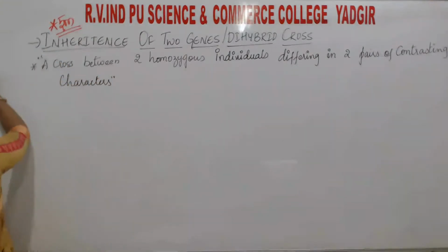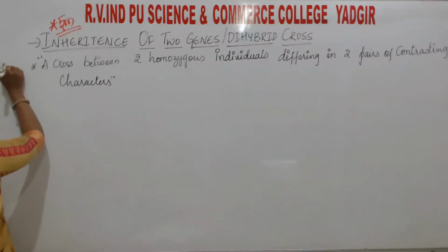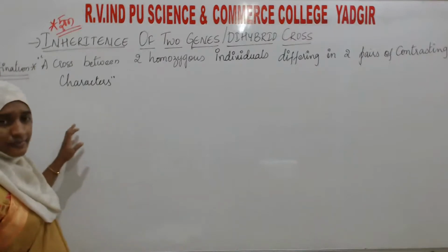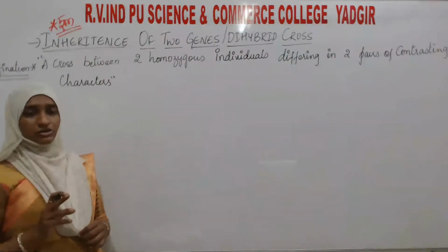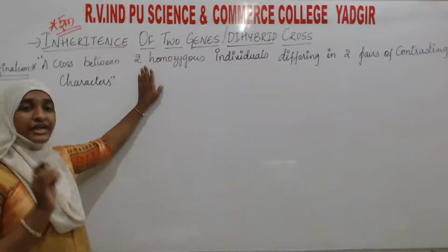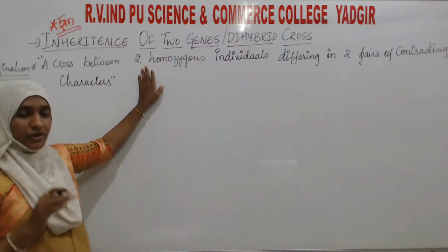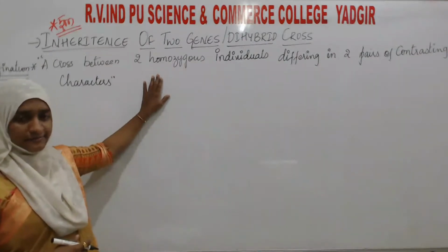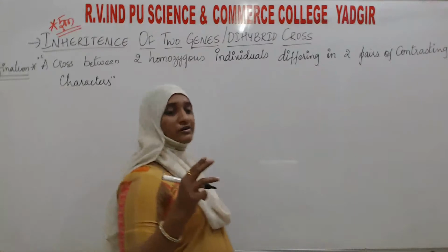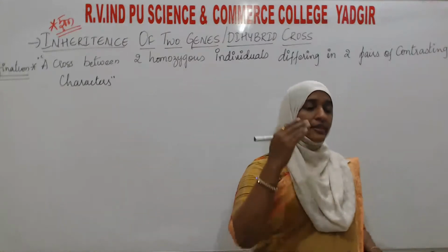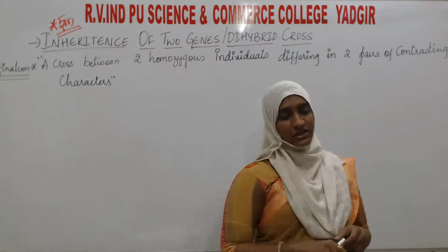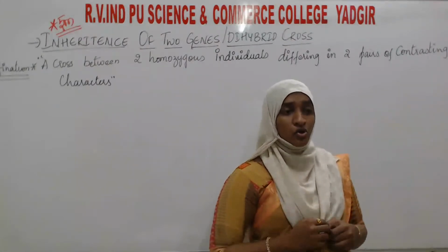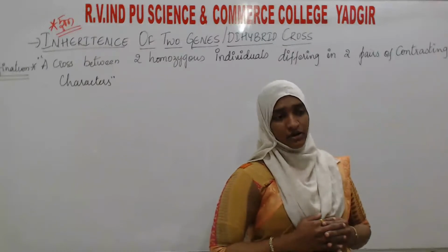This is the definition of dihybrid cross. Here a cross is made between two individuals which differ in two pairs of contrasting characters, and these are going to be inherited to the next generation. So we call it the inheritance of two genes or dihybrid cross.